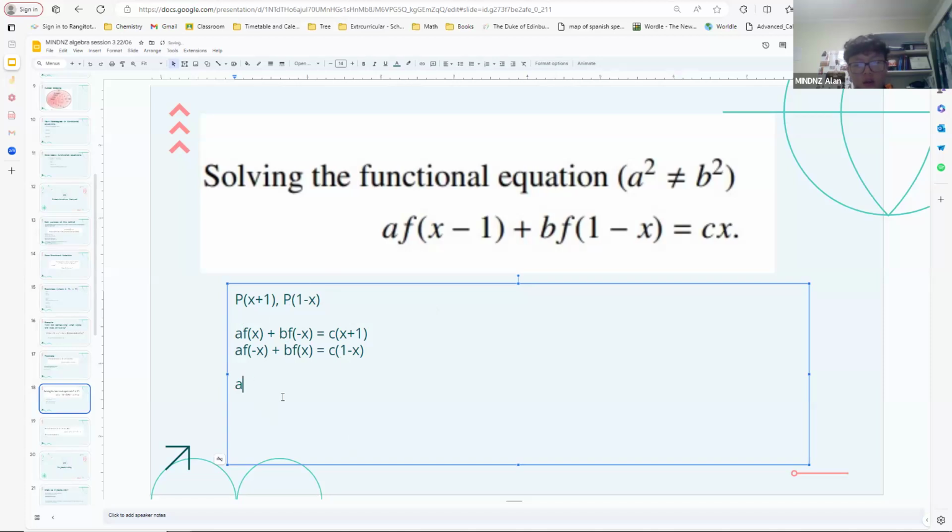This gives us a squared f of x plus ab f of negative x equals ac times x plus 1. And the second one gives us ab f of negative x plus b squared f of x equals bc times 1 minus x.